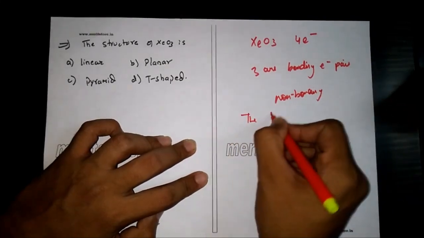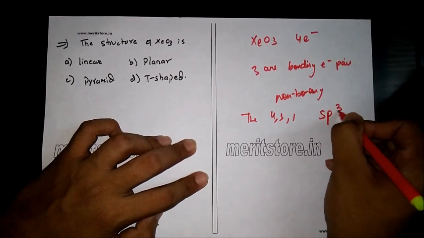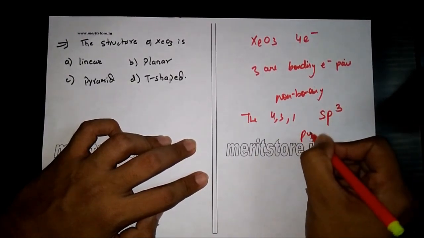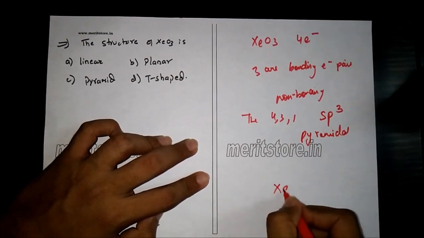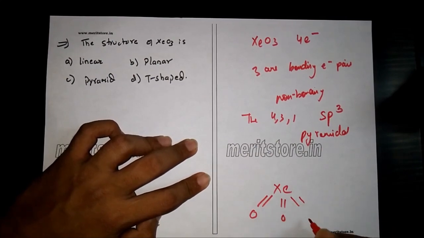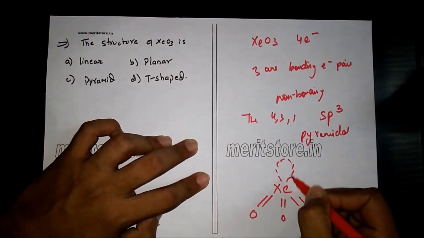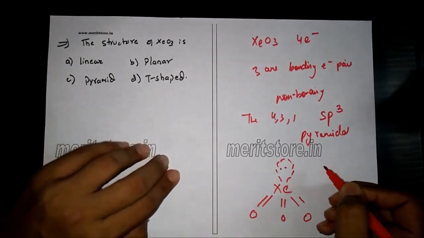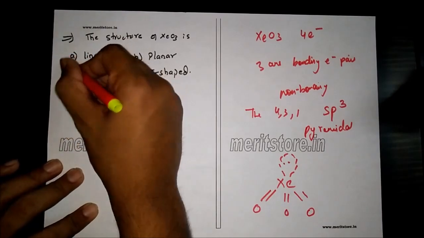Therefore, the 4-3-1 combination provides sp3 hybridization and a pyramidal shape. The structure of XeO3 is Xe double bond O, double bond O, double bond O, with a pyramidal shape. Therefore, the structure of XeO3 is pyramidal, which is option C.